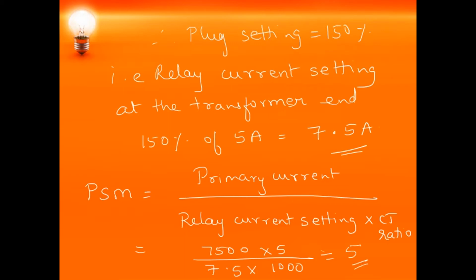So PSM is 5. Now from the characteristic curve, for a PSM of 5 and TMS of 1, the operating time is approximately 4.7 seconds.